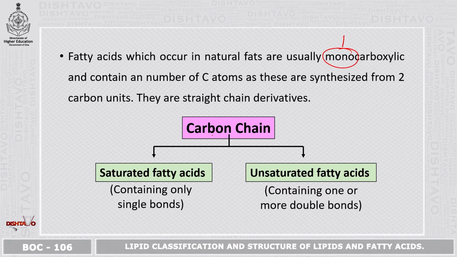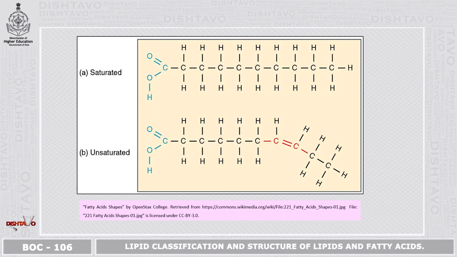Here you can see the carbon chain we have of 2 types, saturated fatty acids and unsaturated fatty acids. All the saturated will have only single bonds and the unsaturated will have one or more double bonds. This is the structure representing saturated and unsaturated fatty acids. In the structure of a saturated fatty acid, there are only single bonds everywhere.